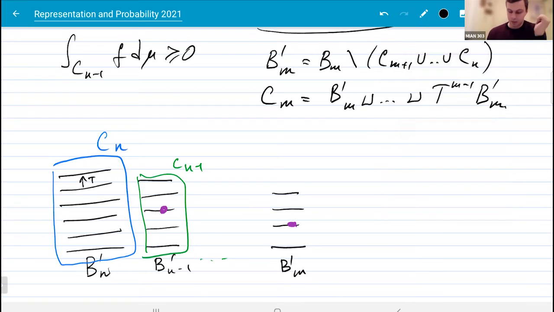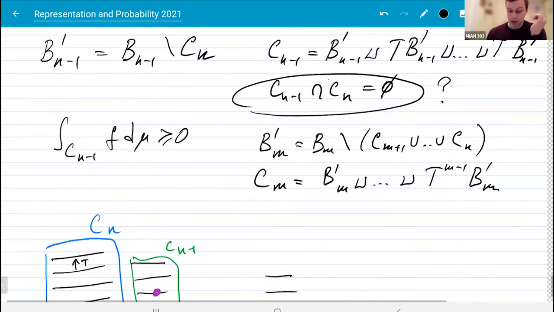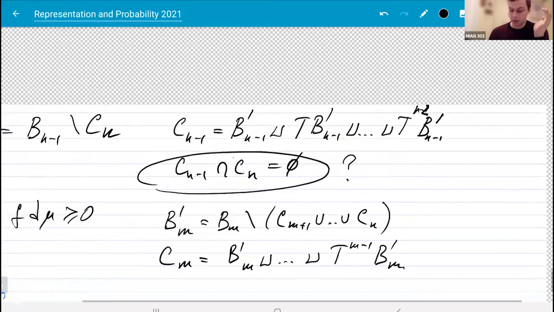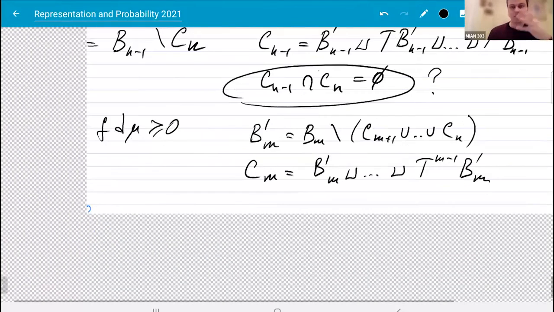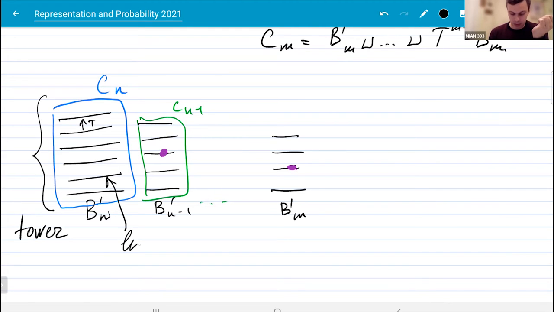So let me introduce some names. In fact, the collections of sets of this sort are quite ubiquitous in ergodic theory, and so usually this set is called a tower, and each individual set is a level.